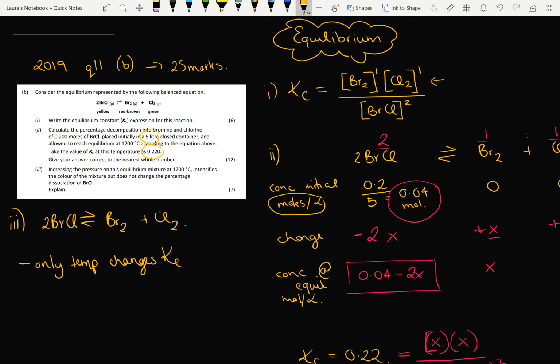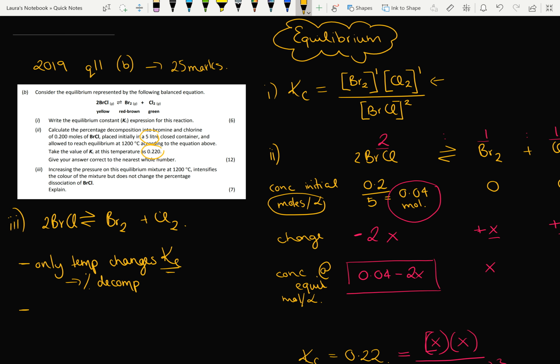Okay? And if Kc changes, then the percentage decomposition will be affected because the number of moles that are present at equilibrium will be affected. And that's what Kc tells us or helps us to figure out.